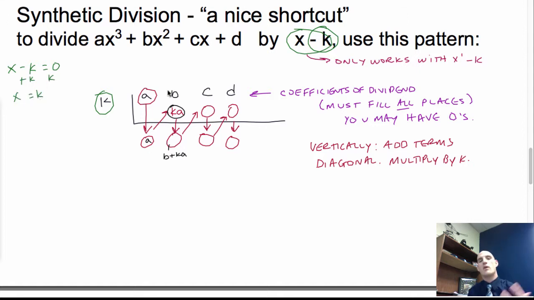So what is the takeaway from that? You're going to do the opposite of whatever is in here. So you've got minus k here, so you put positive k out here. If you had x plus k, you would use minus k out front. So you're going to use the opposite of whatever's in the parentheses. You got a minus k, you're going to use k. You got a plus k, you're going to use a minus k. So that's kind of how this works.